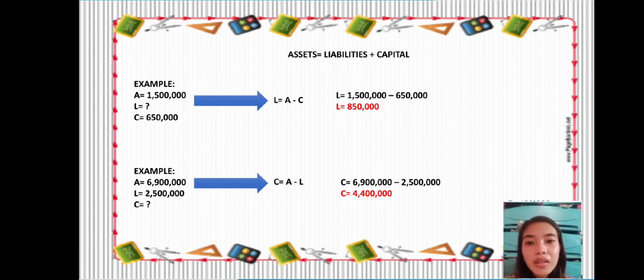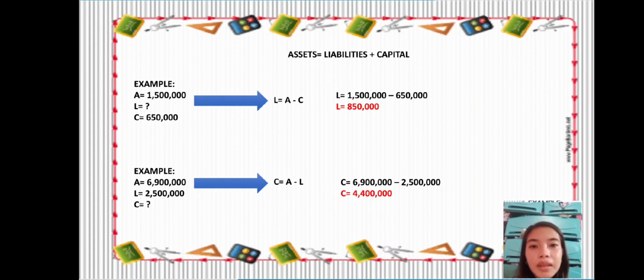So we need to find the result of what is the capital. Simply, we need to deduct or minus the assets minus liabilities, which is 6,900,000 minus 2,500,000. So the result here is 4,400,000. That is the capital. So that is very simple in finding assets, liabilities, and capital.